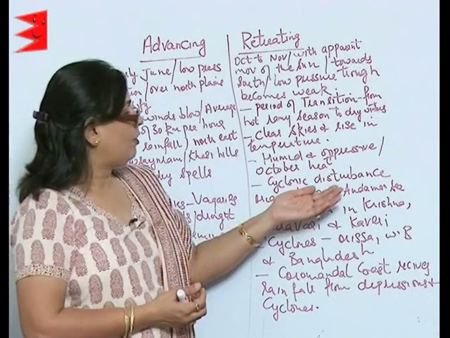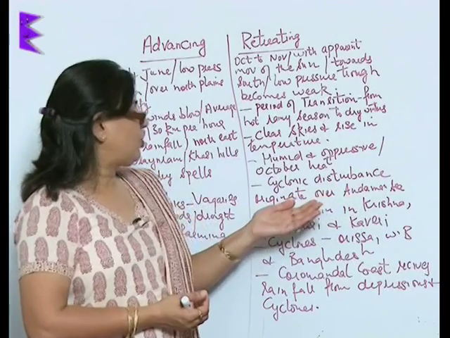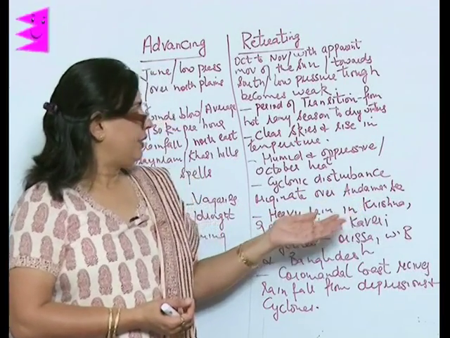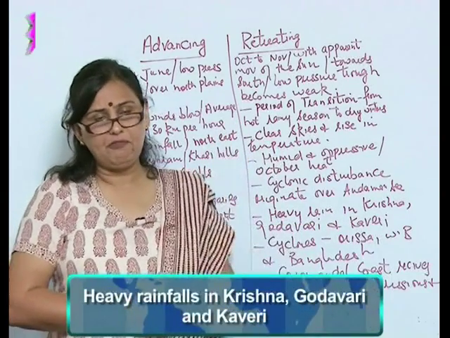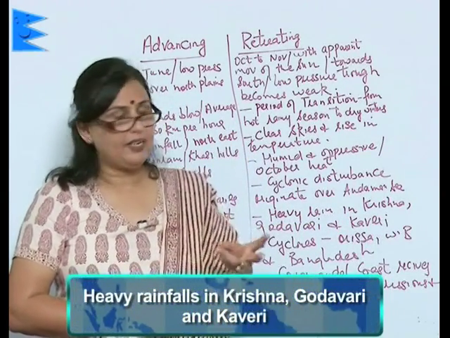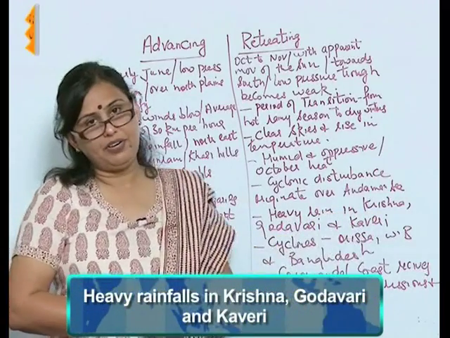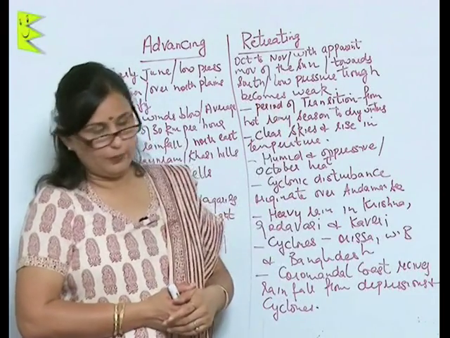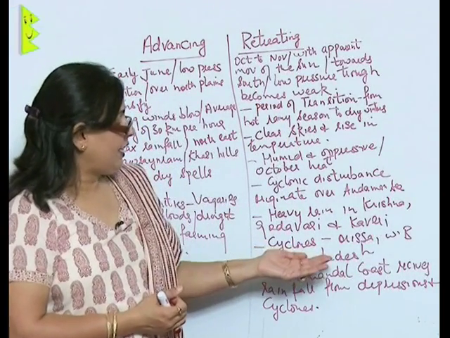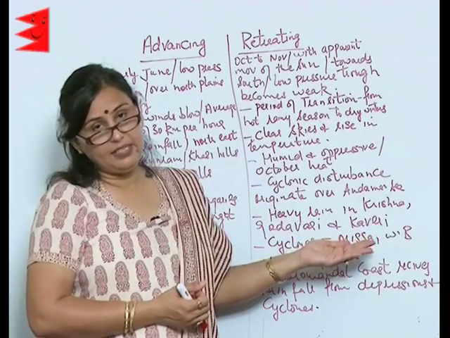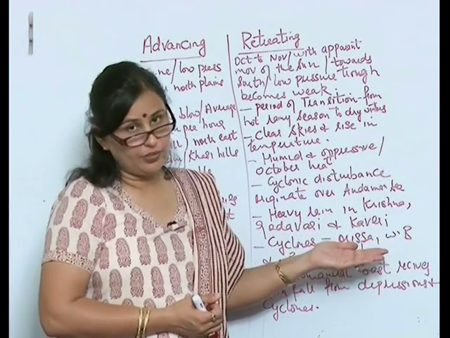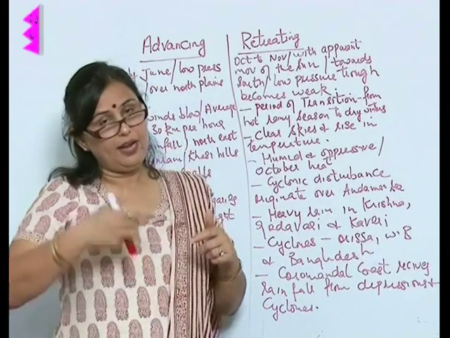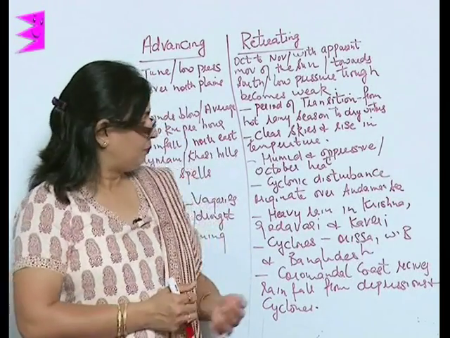And the cyclonic disturbances originate at this time over the Andaman Sea. And we see that there is heavy rainfall in the three deltas, that is the Krishna, Godavari and Kaveri, during the time of retreating monsoon. Well, we also see that this period sees cyclones in Orissa, West Bengal in India and outside in Bangladesh.